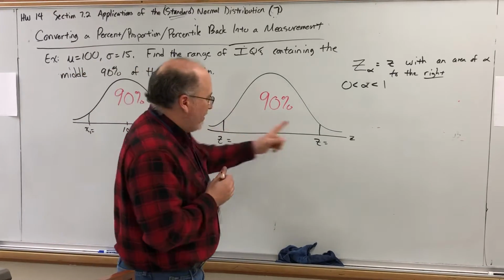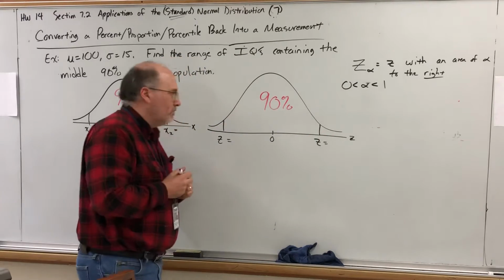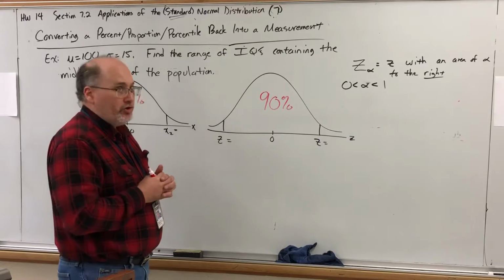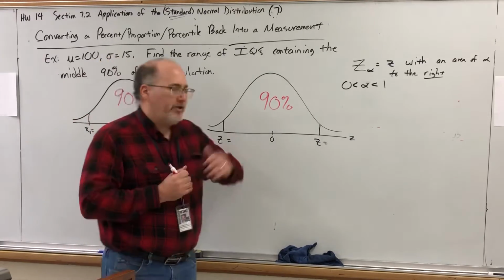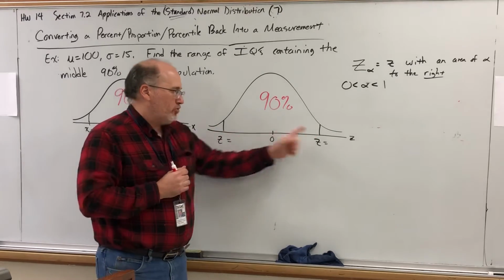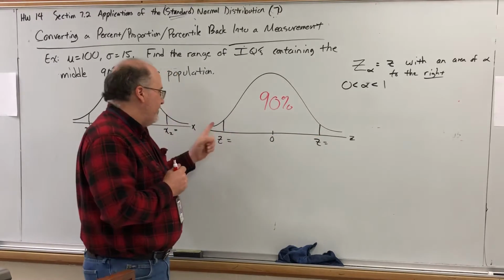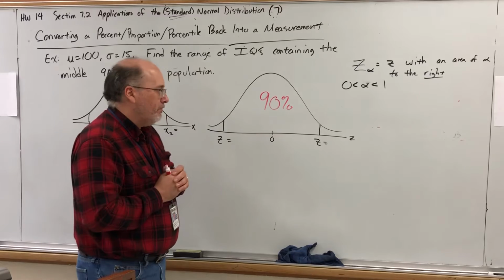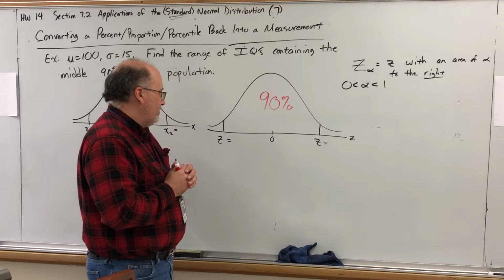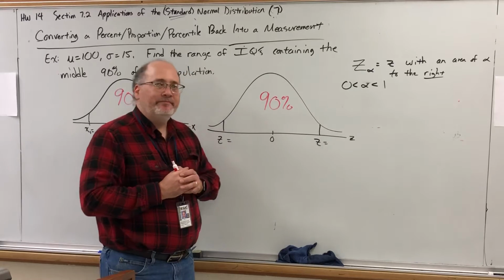How can we figure out the area of one of these tails? Well, we have to take advantage of two properties of any normal distribution curve. Number one, the total area is 100%. And number two, this is symmetrical, meaning that this area is the same as that area. So if the middle percent is 90%, how much would each tail have to be?